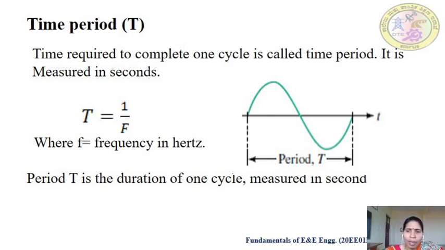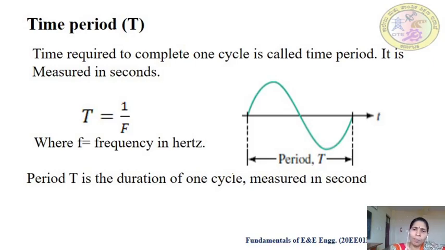If you know the value of frequency, then we can find the value of time period T by the formula T is equal to 1 by f, where f is the frequency in hertz. So time period T is the duration of one cycle measured in seconds.